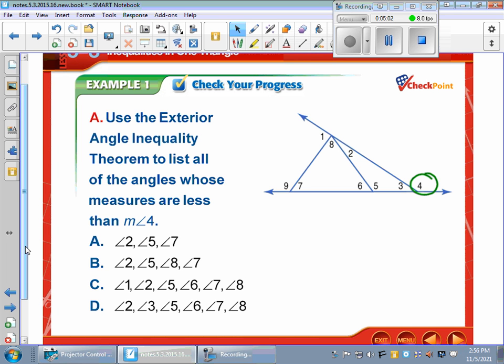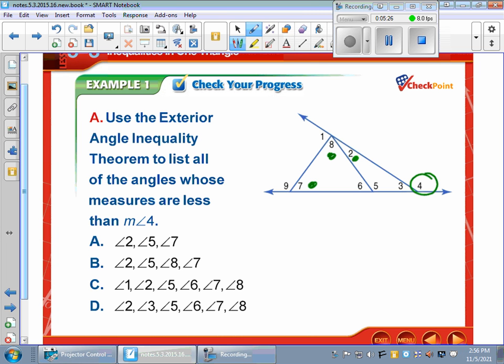So again, if you think about it, angle 4 is an exterior angle to what? What is it exterior to? Well, it's exterior to angle 7 plus angle 8 plus angle 2, which all add up to angle 4. So it has to be bigger than all of those. So 2, 8, and 7, okay?